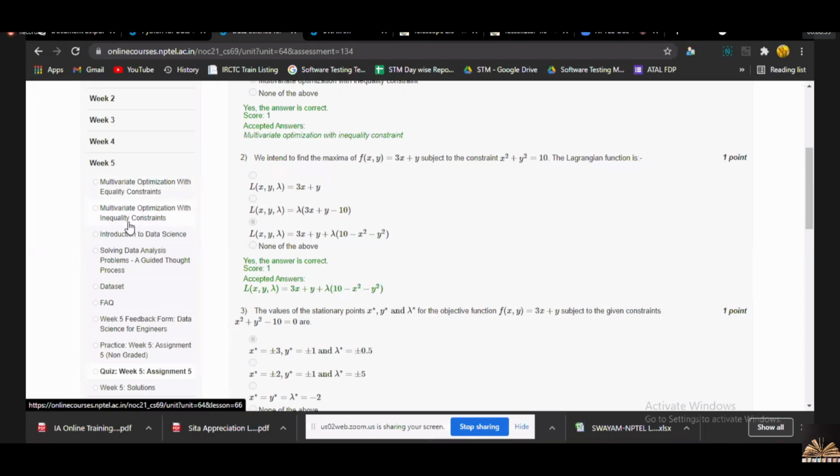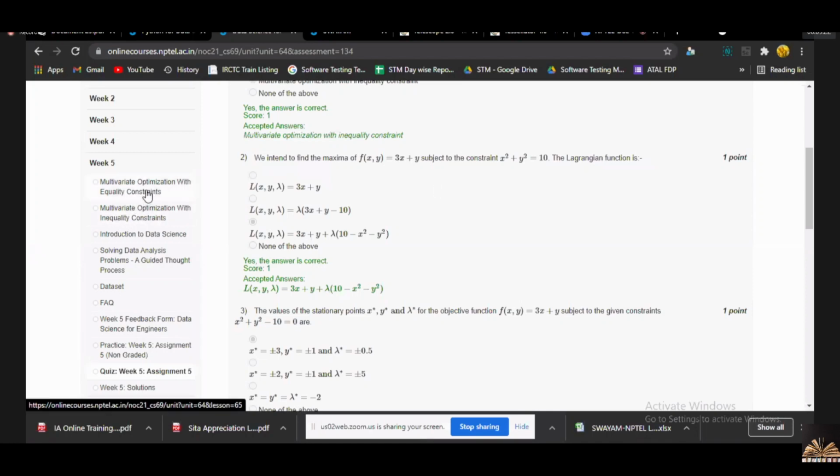An equality constraint is this one: x square plus y square equal to 10. That means upon substituting any values of x and y, it will definitely be equal to 10. So this is an equality constraint.